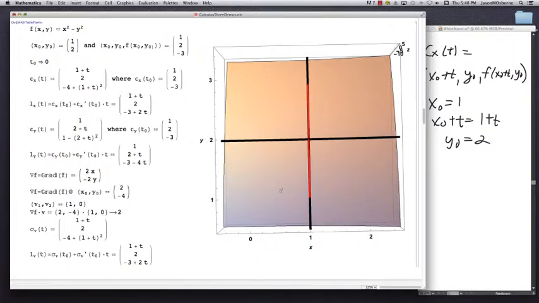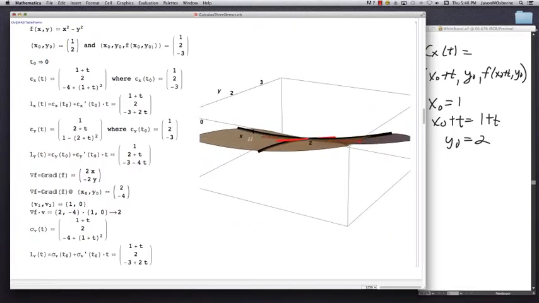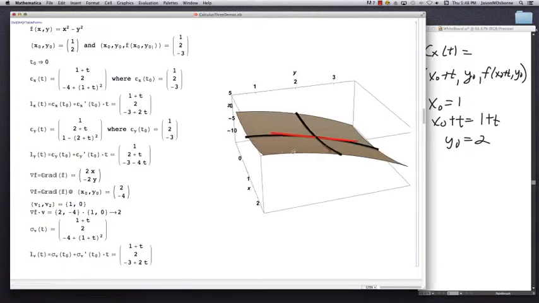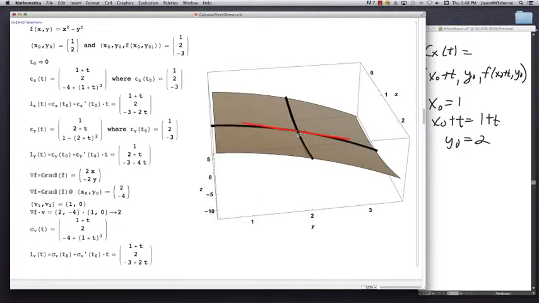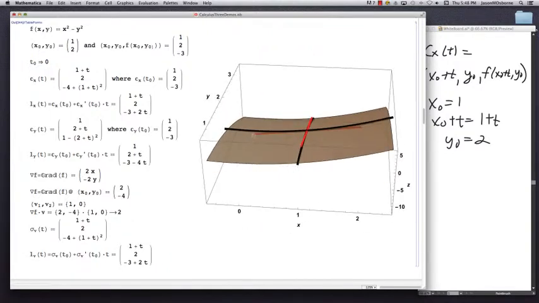Now, the next thing that you wanted was these tangent lines. The red are the lines which approximate those black curves there at this point. So the way you would do that, if you want the tangent line to the curve in the x direction, here's our curve in the x direction. When you want to look for that red line right there, we would need to take the derivative of this curve with respect to t, and then evaluate at t equal to 0.